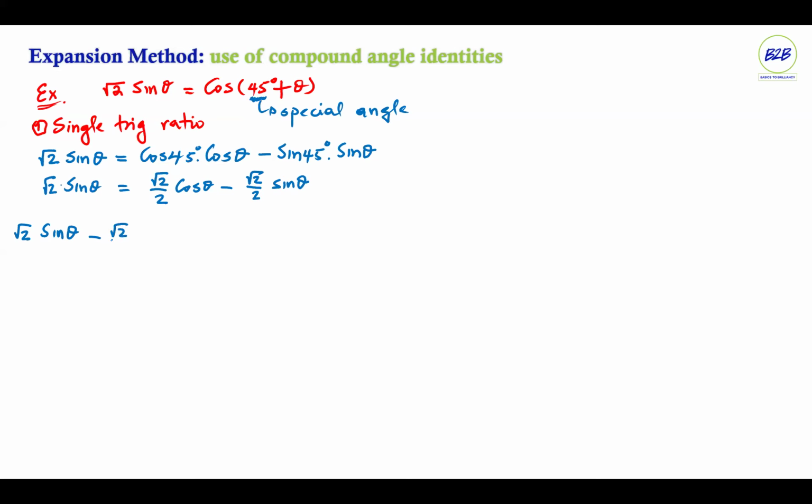Minus root 2 over 2, actually plus sine theta equal to root 2 over 2 cosine of theta. So now what we have done is collecting like terms. Also, that brings us to the next important point.